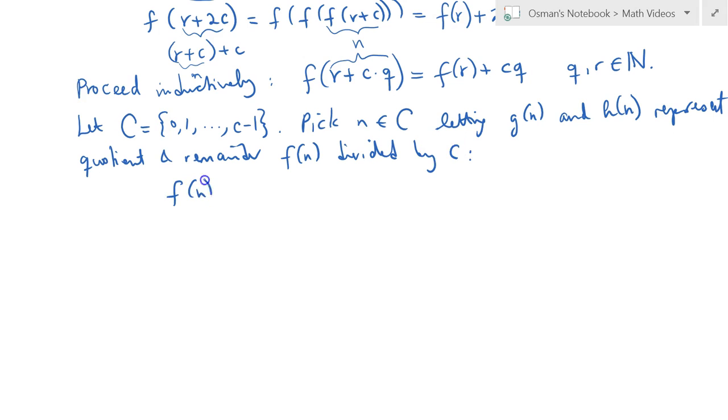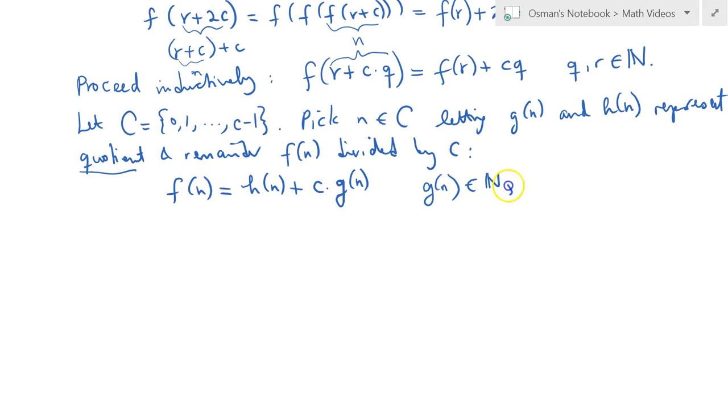So we get that f of n is equal to, using the division algorithm, c times g of n plus h of n. Here g of n, which is the quotient, can be anything actually, it is a positive integer. However, the remainder h of n, which is the interesting guy here, has to come from this set C, because when we divide f of n by c, the remainder will end up in this range.